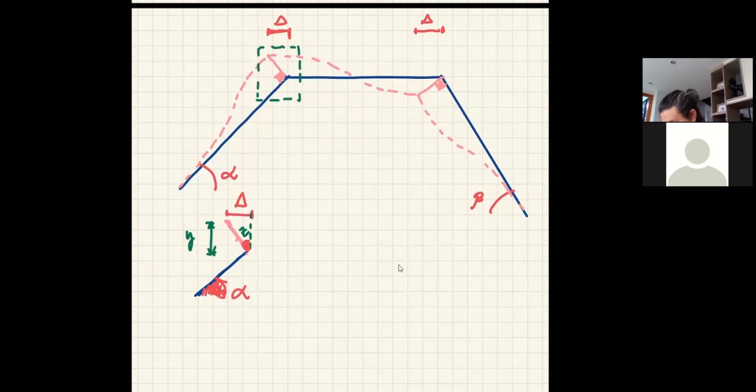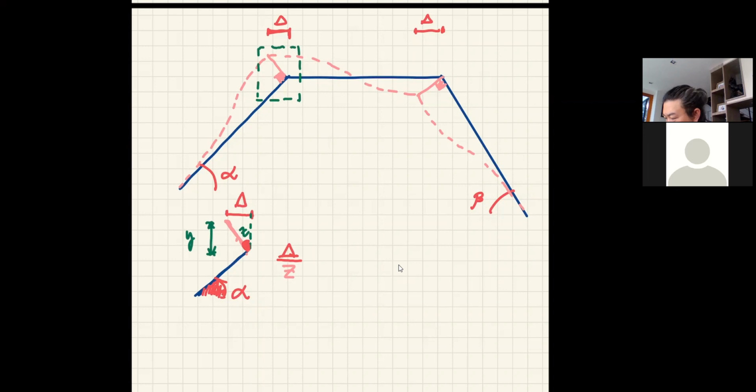Am I correct? So you can now write delta over z. Maybe if I write z with this color, it'd be better. Delta over z is what? Can you tell me?